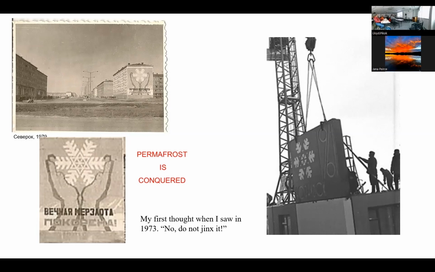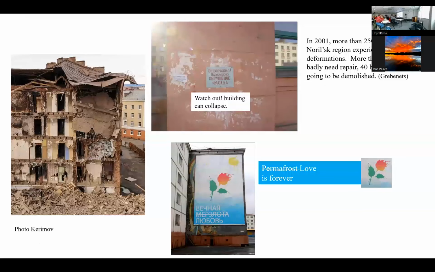I'm afraid of asking for trouble when you start to talk like this. And it happened in some buildings, mainly in the 1990s and the beginning of the 2000s. And again, you can see somebody put up a sign: permafrost is not forever, life is forever.